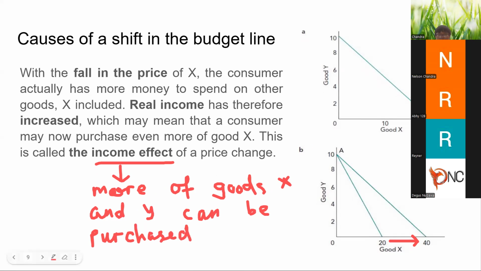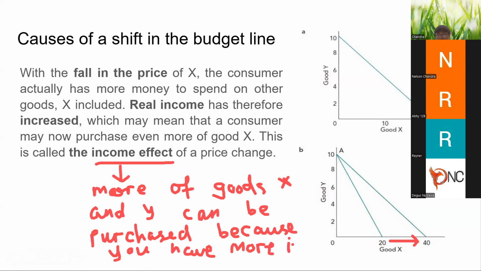Why would more of goods X and Y be purchased? Because, again, you have more income. If you ask again, why do you have more income? You go back to the first statement, because there is a fall in the price of X. So it is a sequence.